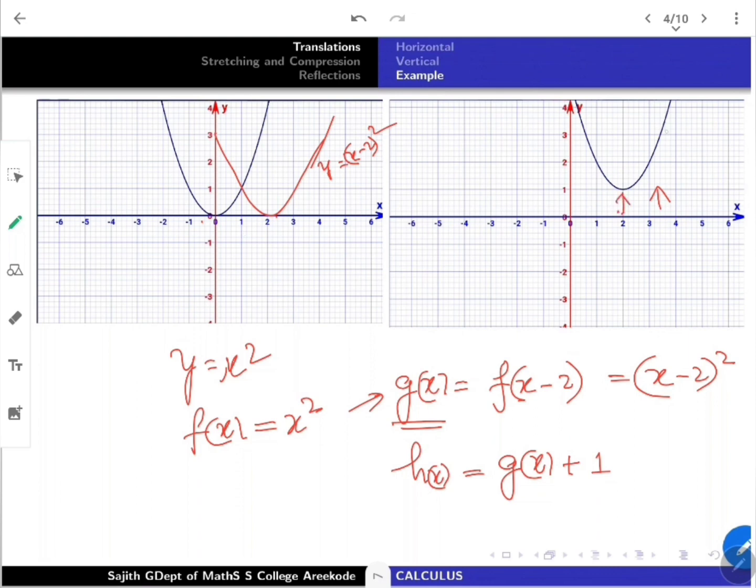So the final graph of h of x is this one. Obviously g of x was x minus 2 whole square, so the graph on the right hand side is the graph of the function h of x given by x minus 2 whole square plus 1. Very similar examples one can try and convince ourselves.